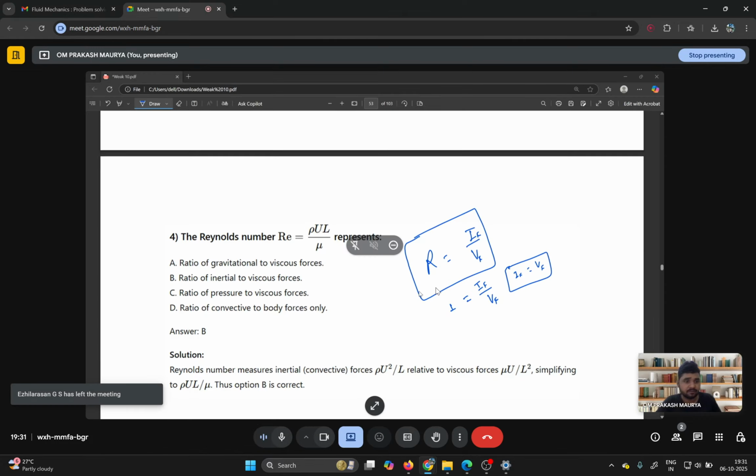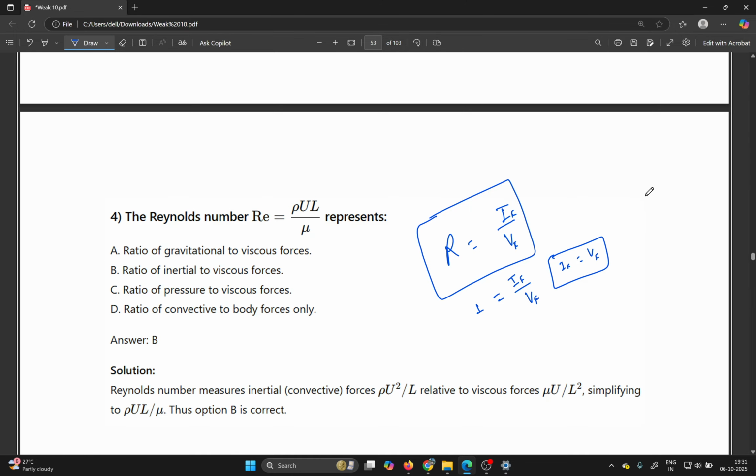Okay. So IF is equal to VF means both forces are equal. If your Reynolds number is greater than 1, it means inertial force divided by viscous force is greater than 1, so IF is greater than VF.